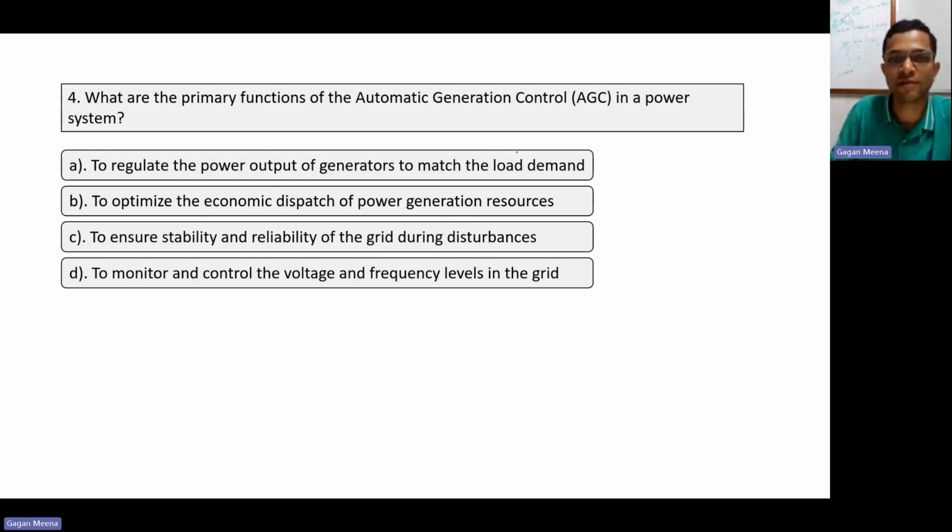To optimize the economic dispatch of power, this is part of economic dispatch. We already discussed, right? This comes under power system stability.